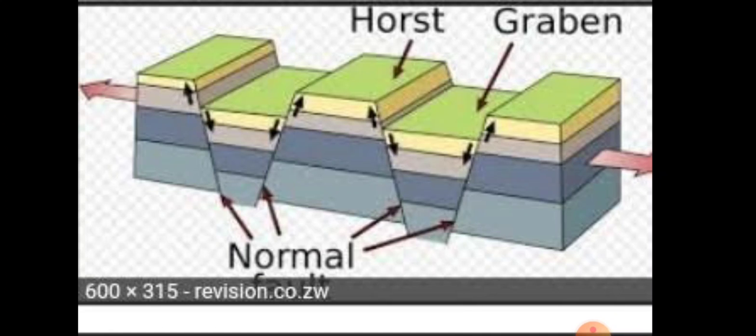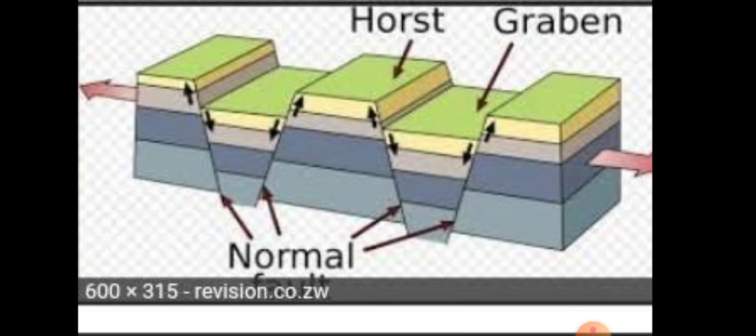When parallel cracks or faults occur, the strips of land or the blocks of land between them may be raised, resulting in the formation of the block mountain.